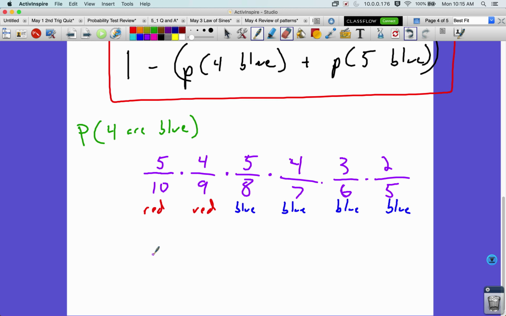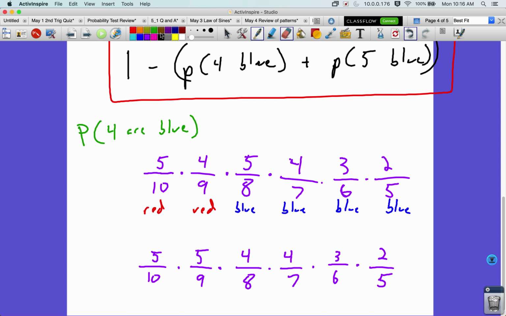We could have shot off a red first, which there's a 5 out of 10, then a blue, which there's still 5 out of 9 remaining there, and then another red, so there's 4 reds left out of 8 red rockets, then a blue, so 4 out of 7, and then 2 more blues, so there's 3 blues left, so 3 out of 6 times 2 out of 5 blues left.